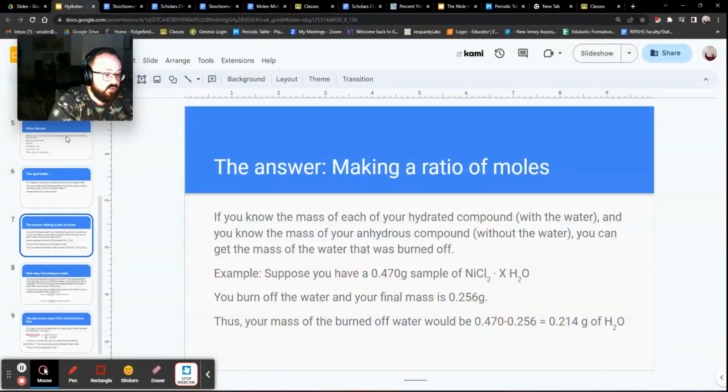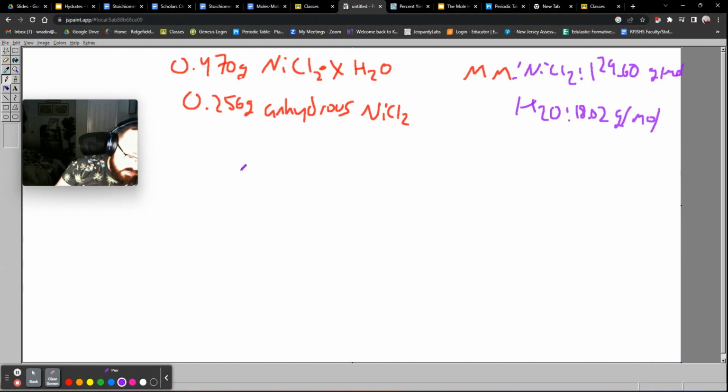Alright. So, I'll walk us through this. Let me get to a place where I can write all this stuff out, and then we'll walk through this. Alright, so this is the type of data you'll get. You're just going to have to subtract the mass of the crucible from the mass of the crucible with the anhydrous sample, and that's how you get the mass of the anhydrous sample.